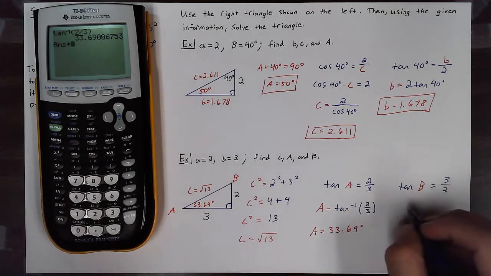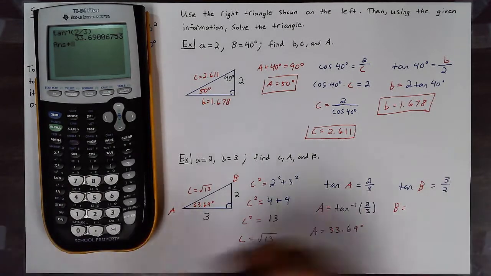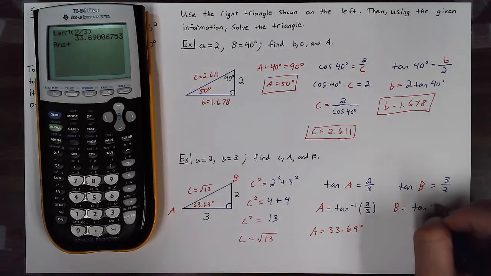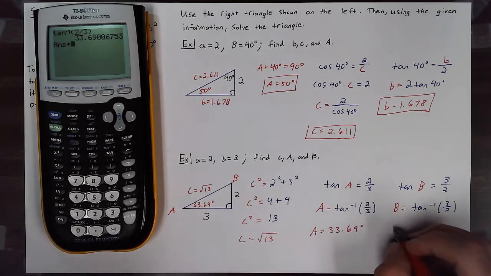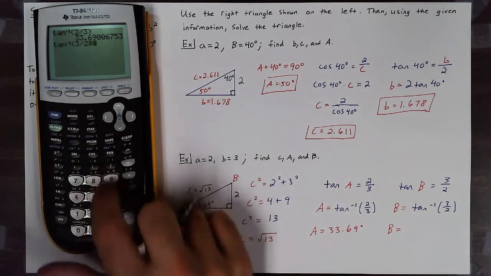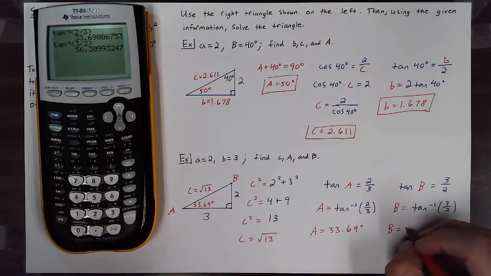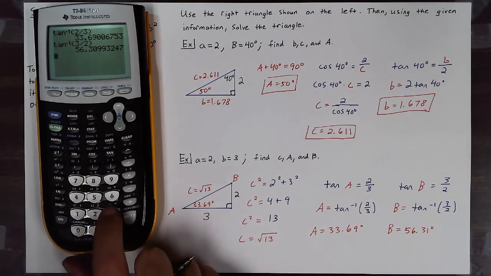So that would be very difficult. So now we can see that B is equal to tangent inverse of 3/2, giving me 56.31.